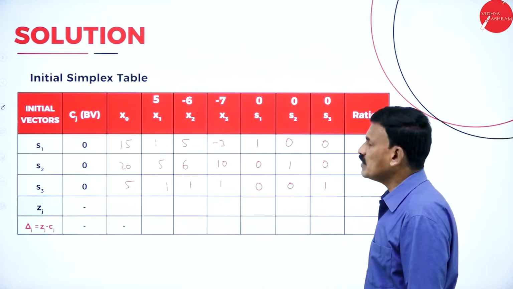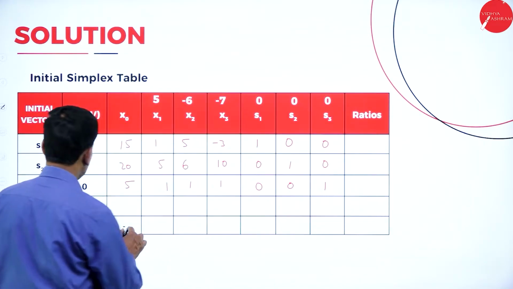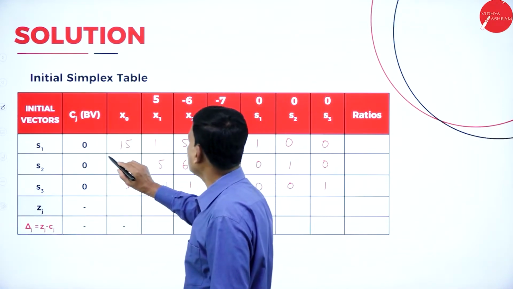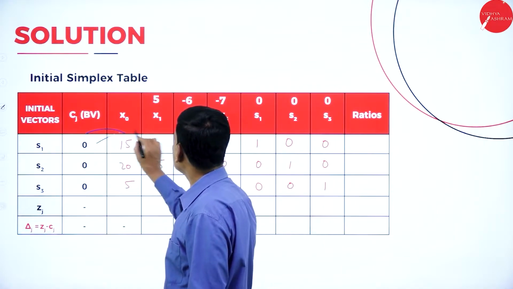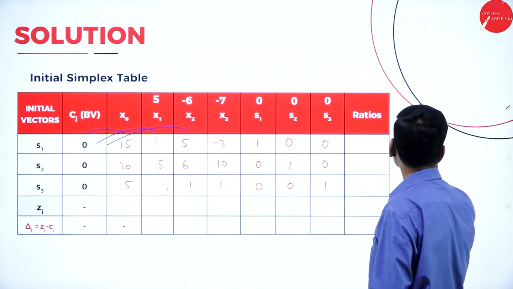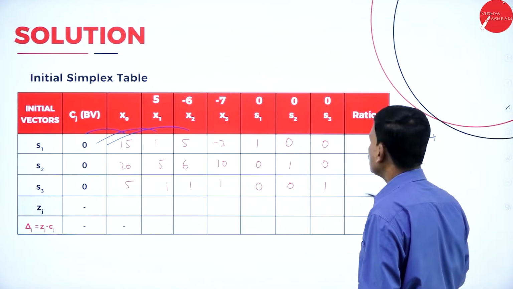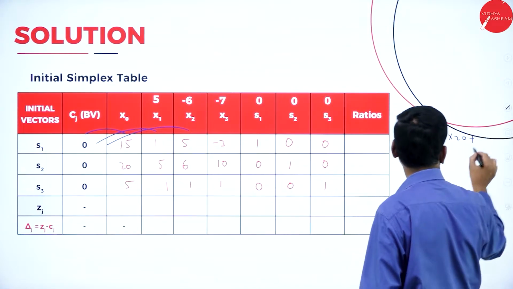Now let us find out the value of Zj. So here Zj is equal to, just multiply this. So 0 into 15 plus 0 into 20 plus 0 into 5.